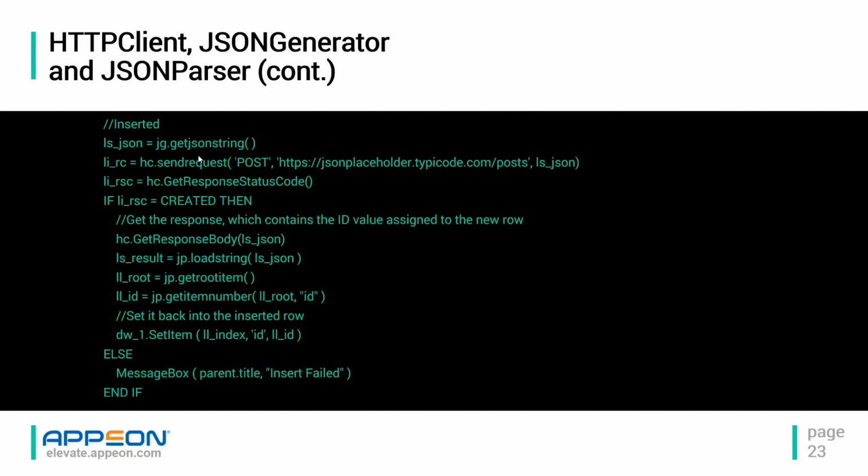So if it's inserted, I don't need to get any additional data. I'm just going to use the GetJsonString method on the JSON generator to get my JSON that represents the 3 elements that I'm sending for this new row, and the null for the ID value.